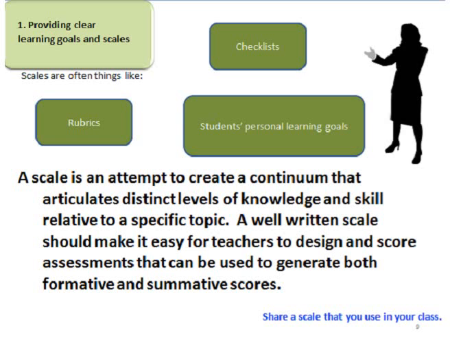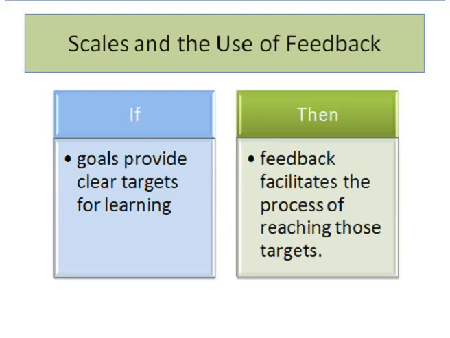You will have an opportunity to discuss with your mentor-mentee at the end of this podcast. If goals provide clear targets for learning, then feedback will facilitate the process of reaching those targets. Very important to have good feedback.